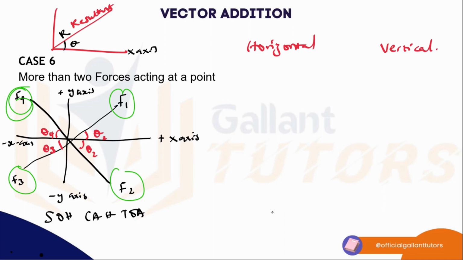Now we have the hypotenuse and the adjacent, so we are going to make use of cos. So cos theta is equal to adjacent over hypotenuse. Let's assume this is y, an arbitrary value, so this is y over r.